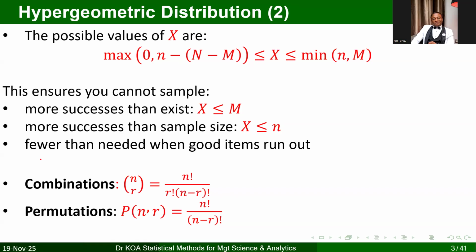Capital N is 20, so 20 minus 10 is 10, and small n is 15. So 15 minus 10. So 0 and 5. Good. You got 0 and 5. What else? The left side is 0 and 5, but we are taking the maximum.